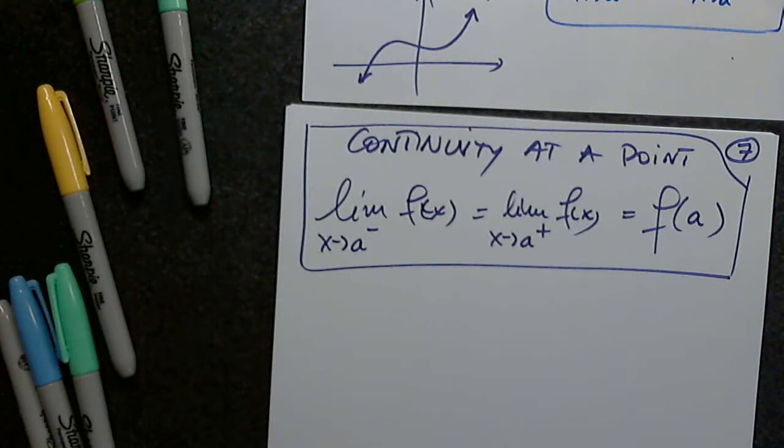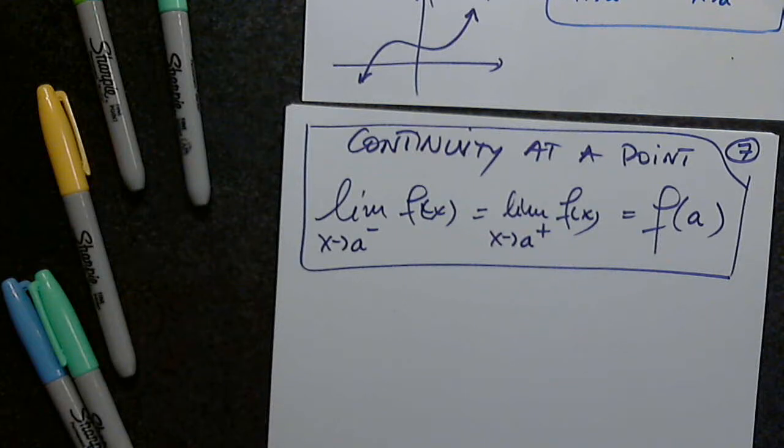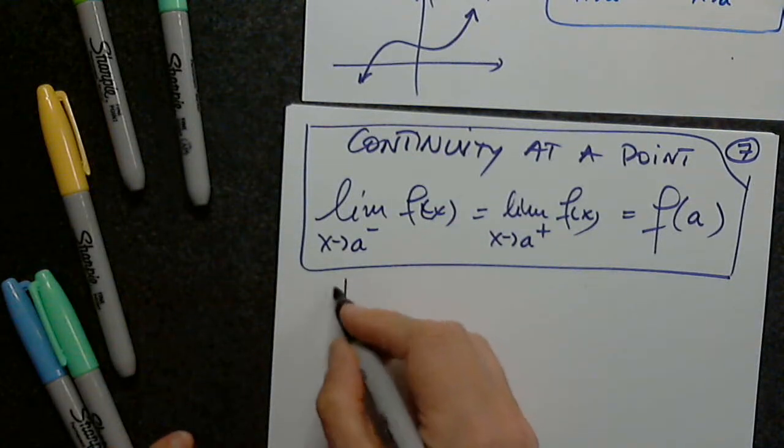If a function is continuous at a point, the function has to have limits from left and right, and those limits have to exist, have to be a number, and they have to equal the function value at that point. Mandatory. What about a function being continuous on an interval?